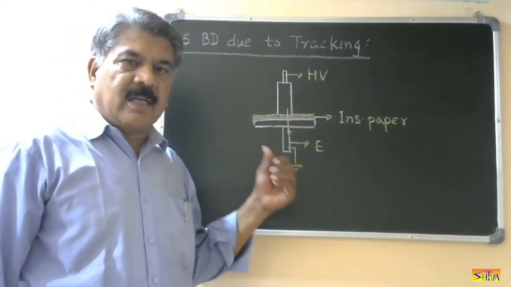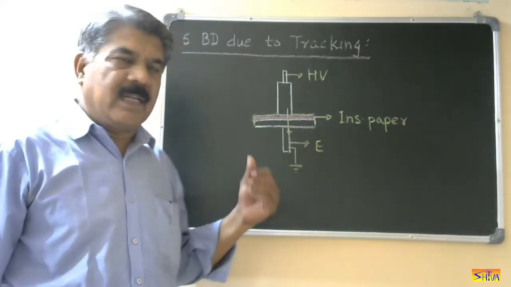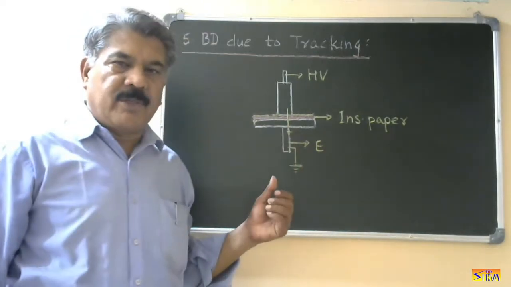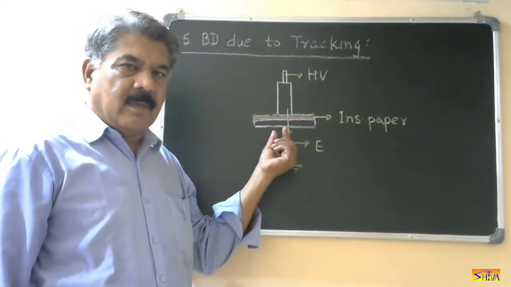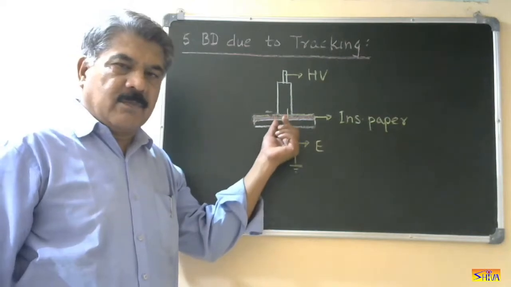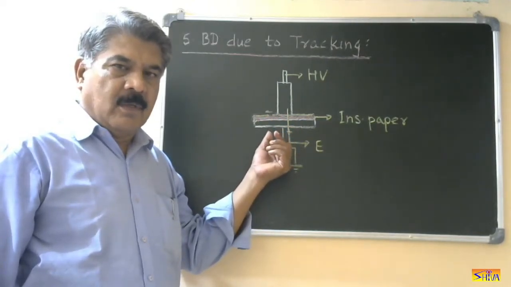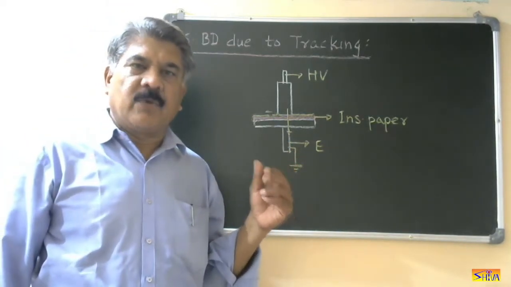When current flows continuously, at some points the moisture may get evaporated. Let us say at this point, moisture gets evaporated. Then there is a break, and current starts jumping across it, but it is flowing over the surface of the insulation paper. So at this point, the insulation paper gets eroded.